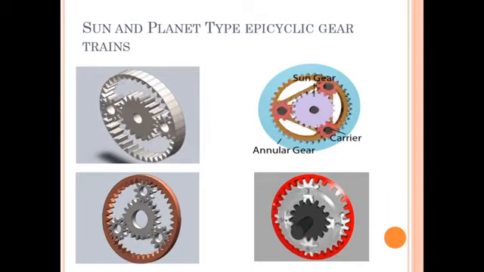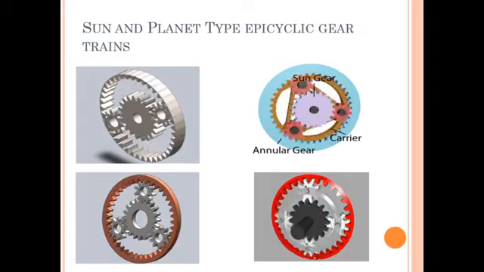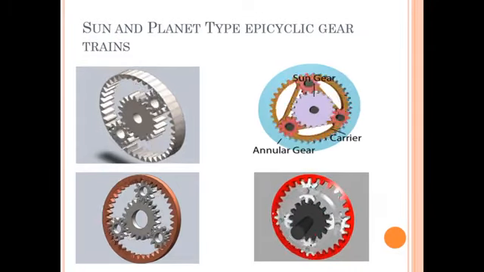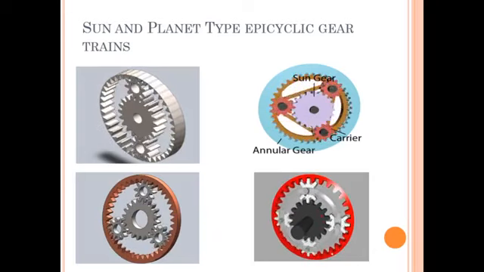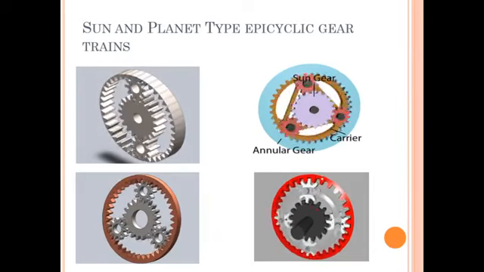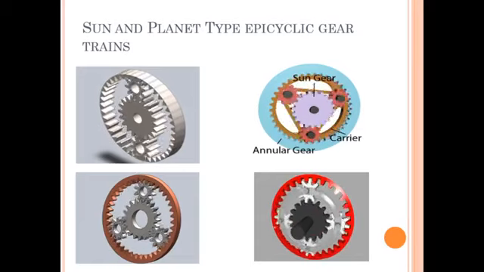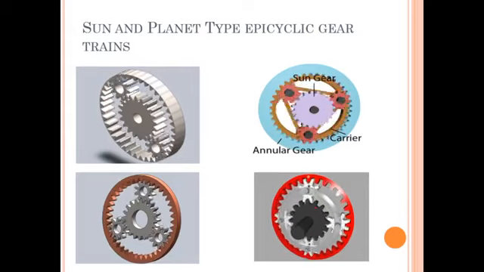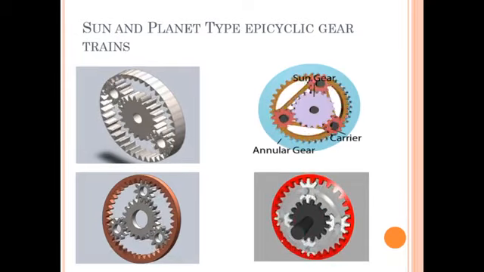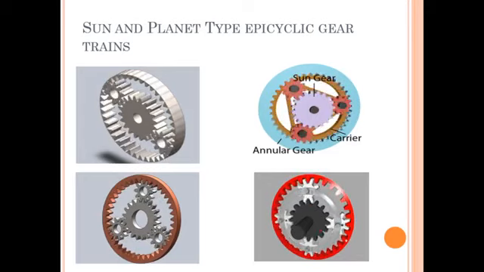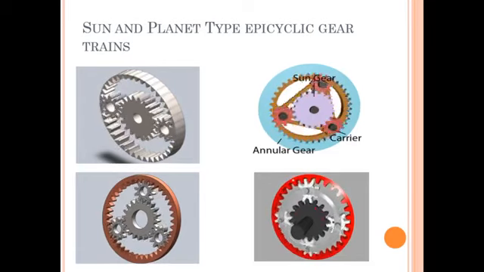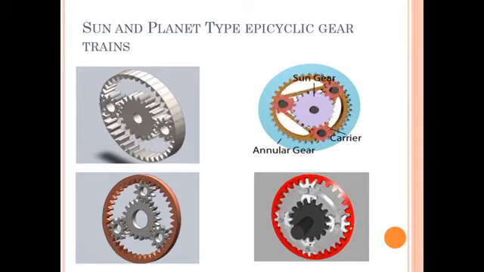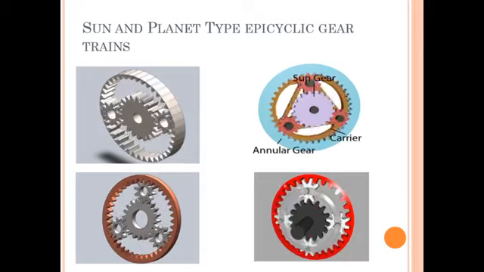Some examples of this sun and planet type of gear trains I have shown here. What is the geometry of that sun and planet type of gear train? I will show it by this second animation. In that, observe that the central gear in all animations is called the sun gear. The outer gear, which has teeth on its inner side, is called the annular gear, and the gears rotating around the sun are called planet gears, and those planet gears are carried by a carrier.